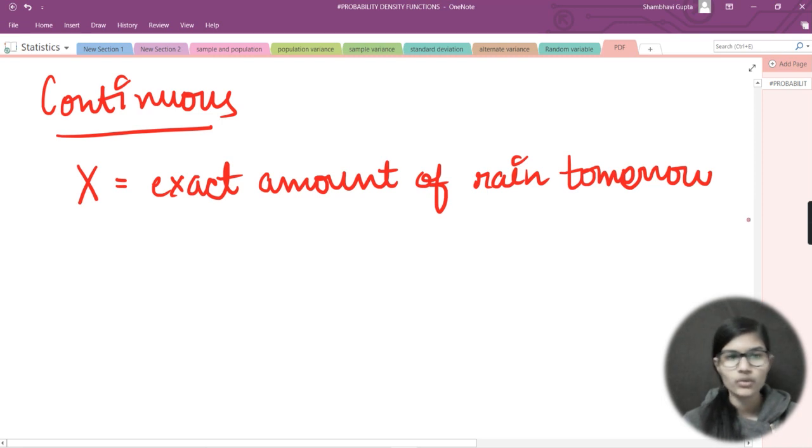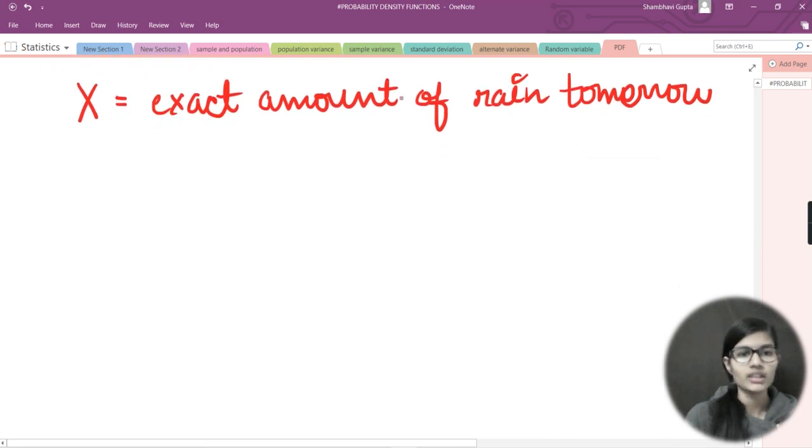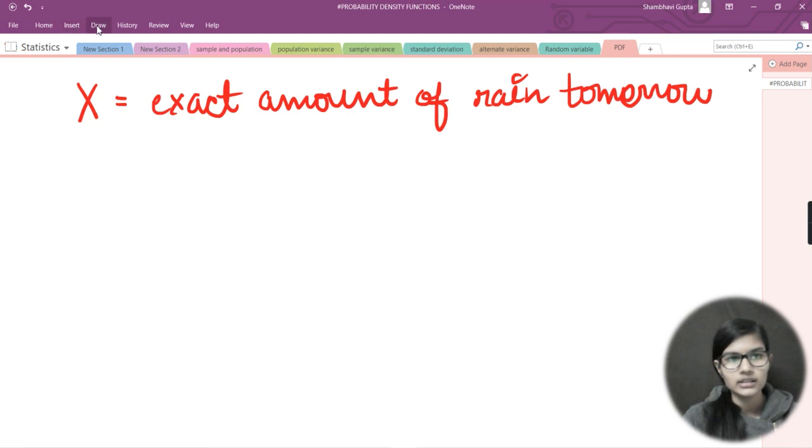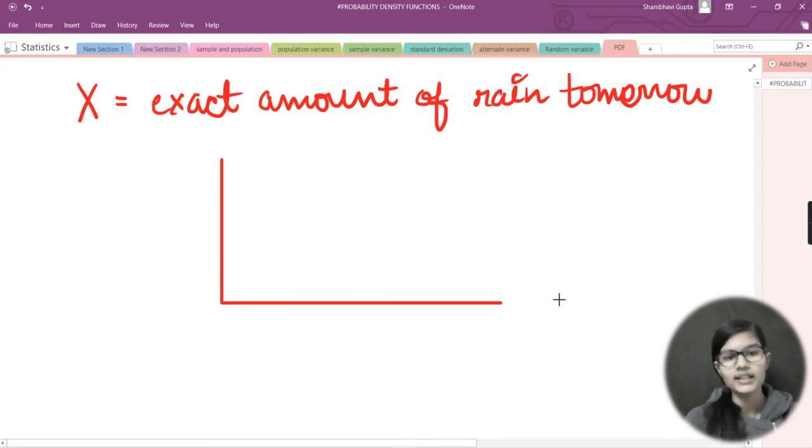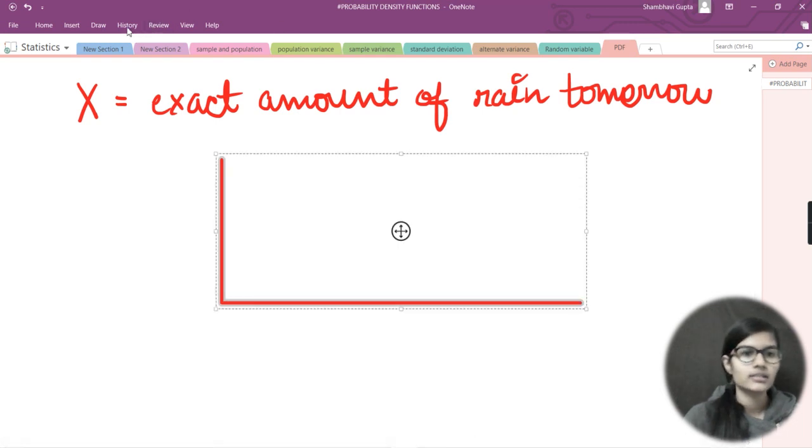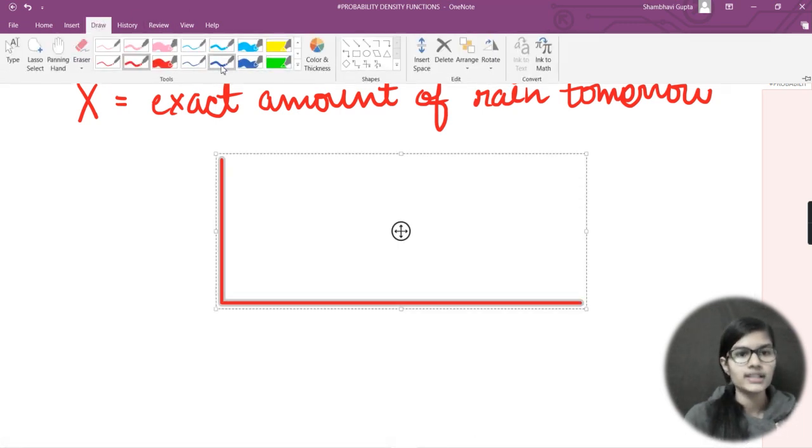Now let's see, I want to draw a graph for this. As I told you, for continuous we have a curve graph. So we have the area under the curve. So for that what I need to do is draw a graph, so we can see it visually also, right?